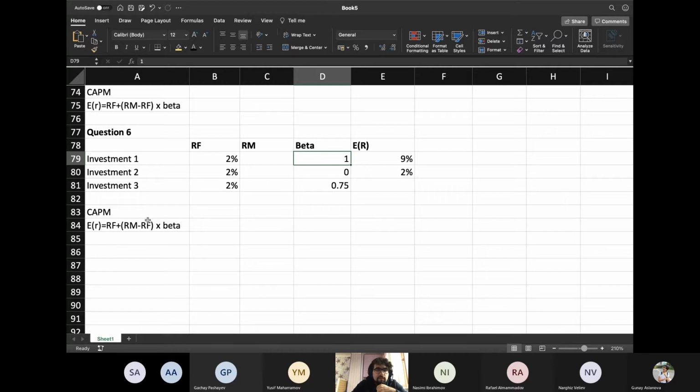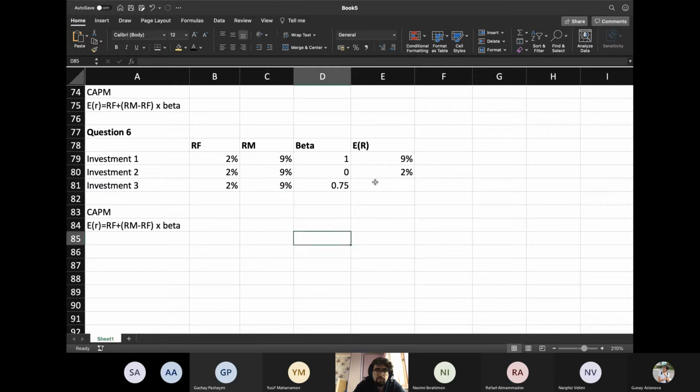RFs cancel out, and we are left with only RM, the market rate. So our expected return on investment 1 is equal to market rate. Therefore, our market rate is 9%. So it is 9% for all of them.